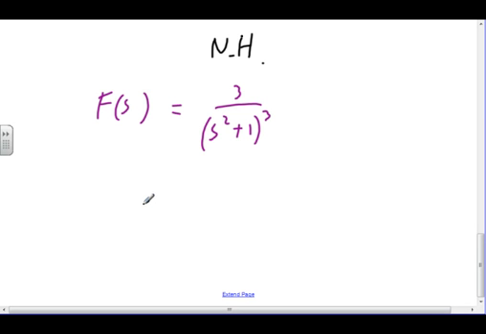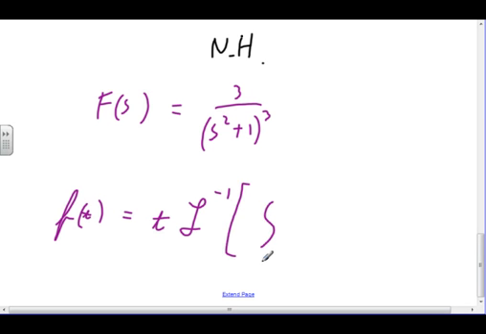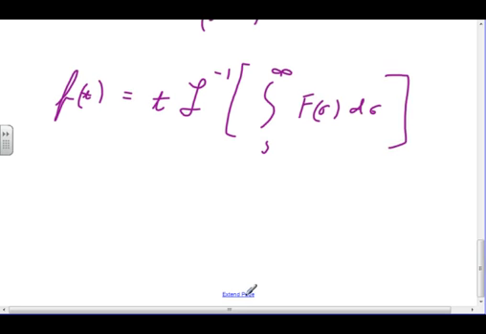Now, I could say that f of t is equal to t times the inverse Laplace transform of the integral from s to infinity of f of sigma d sigma. Can I integrate that? Well, I can.